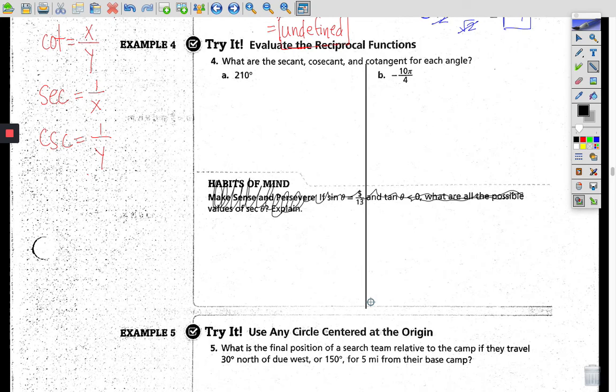All right, we were told to find the secant, the cosecant, and the cotangent for each angle. 210 degrees. My ordered pair at 210 degrees is negative square root of 3 over 2 and -1/2.